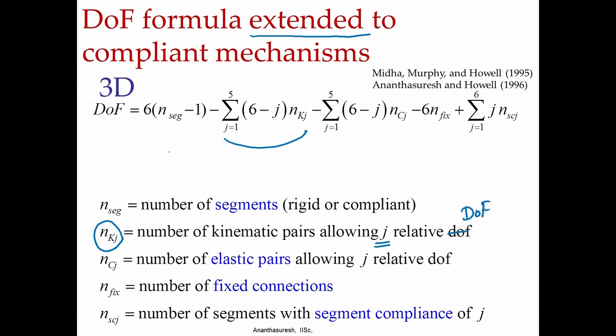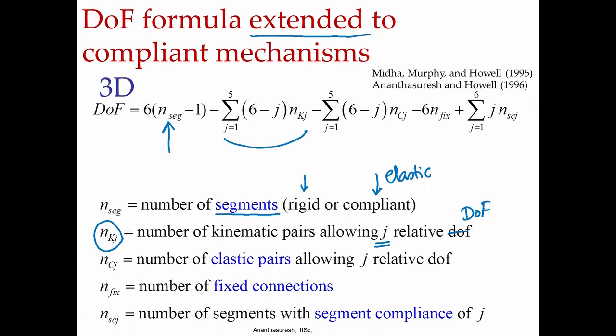But the difference is that here we do not just have n, but we have n subscript seg, meaning we have segments. We do not count bodies anymore, we count segments, and we say that these segments can be rigid, that is a traditional rigid link mechanism, or compliant or elastic segments. So, this will be elastic or compliant segments. You count all of them and that is your n seg.